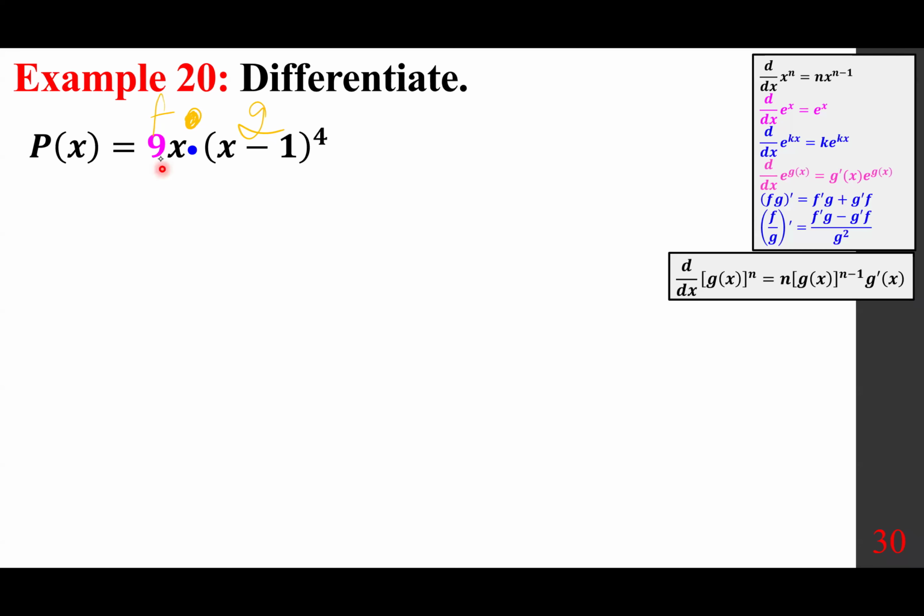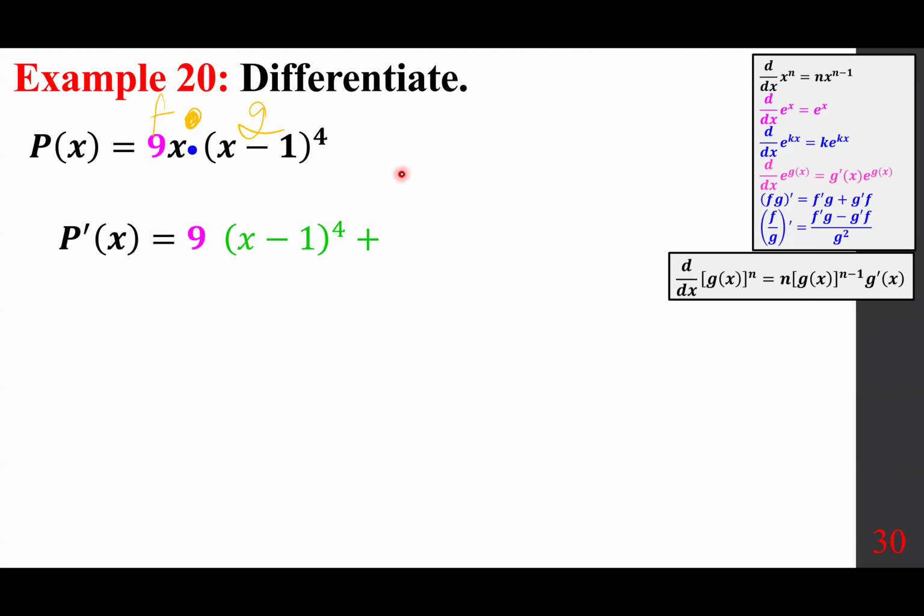F prime is 9 times g, which is x minus 1 to the power of 4, plus g prime.